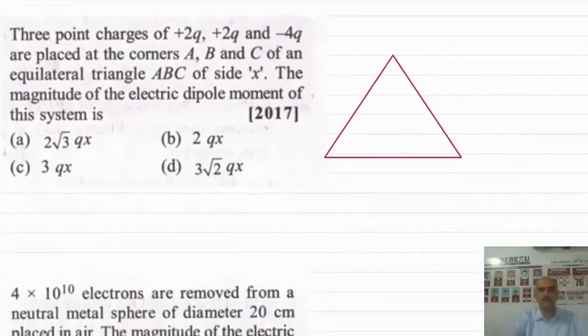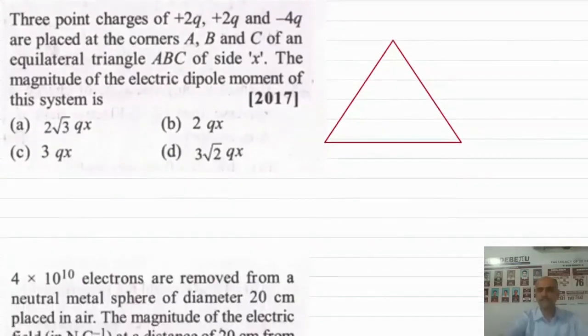Next, 3 point charges plus 2q, plus 2q and minus 4q are placed at corners A, B and C of an equilateral triangle of side x. The magnitude of electric dipole moment of the system is asked.